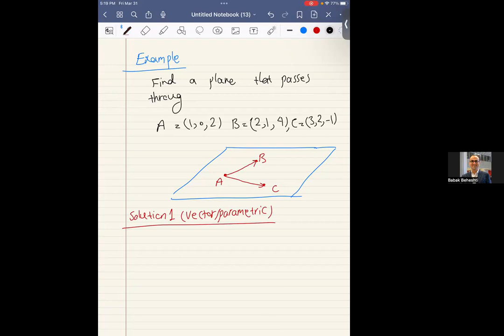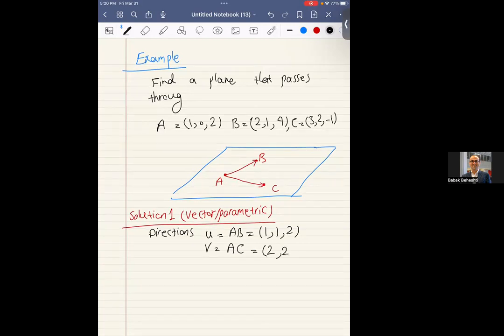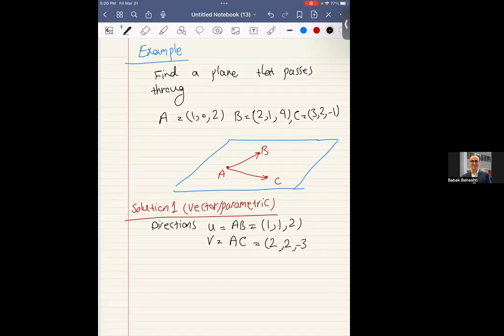So the directions are U equal to AB, which is B minus A, which is 1, 1, 2, and V is AC, which is C minus A. C minus A is 3 minus 1 is 2, 2 minus 0 is 2, and then minus 1 minus 2 is minus 3. So you have the directions.